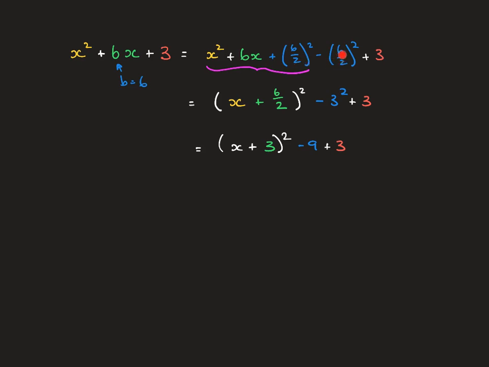Okay, so I simplified this 6 over 2 and turned it into a 3 here, but I'm going to turn it back because I want to show you that if we're going to skip this line and come straight to here, we can do it by recognizing that our B was worth 6, and so in our pattern, this is 6 on 2, this is our B on 2 that goes in here, and then on the outside we add minus B on 2 squared, and then we tidy this up and we tidy this up.